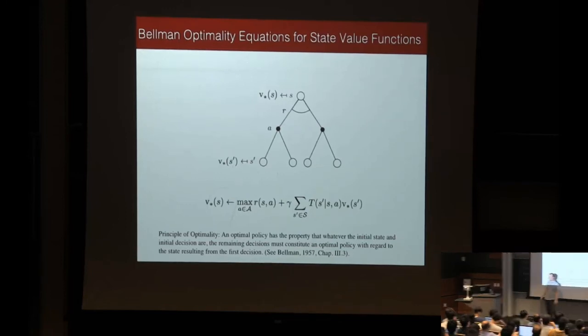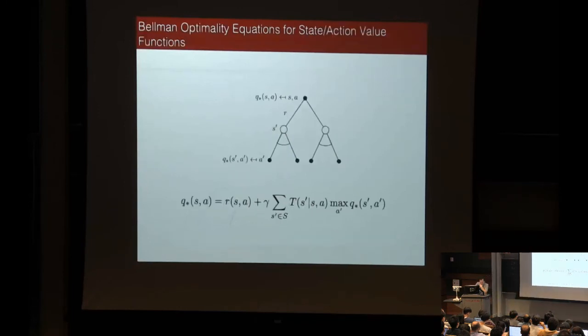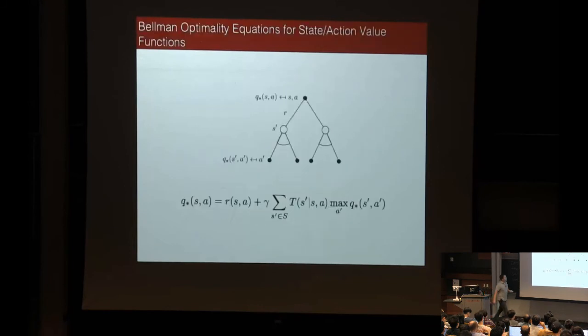So you're basically taking the action that gives you the maximum immediate reward, plus you take an expectation with respect to the optimal value. And the same thing happens for the Q function. For the optimal Q function, you have the reward, and then you're taking the maximum action.